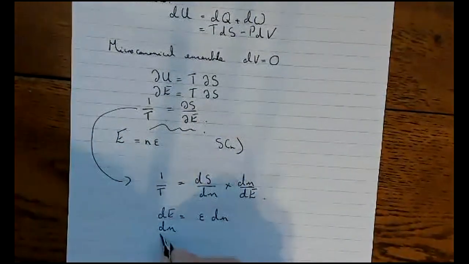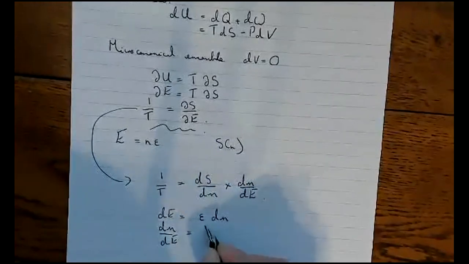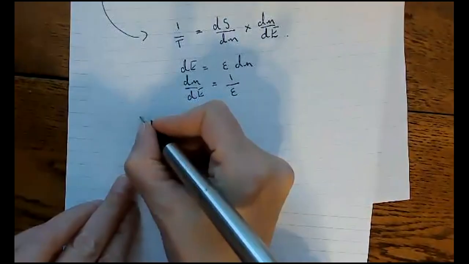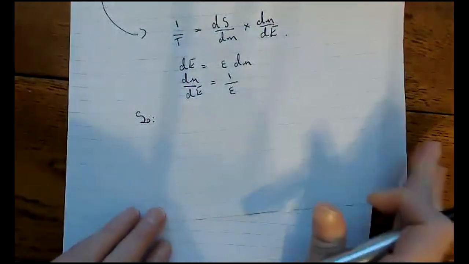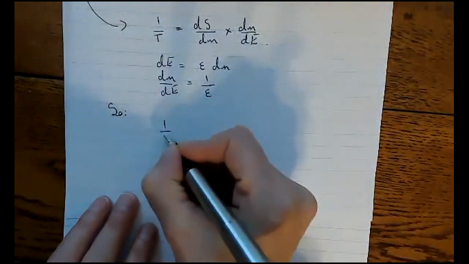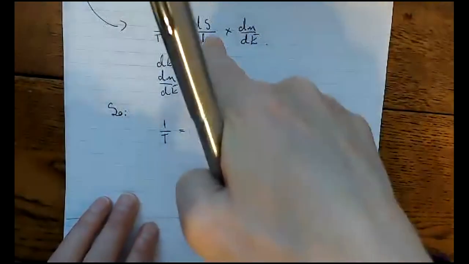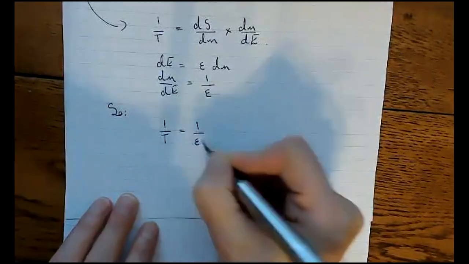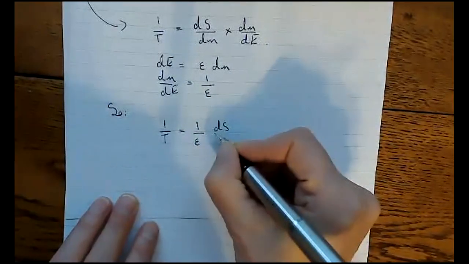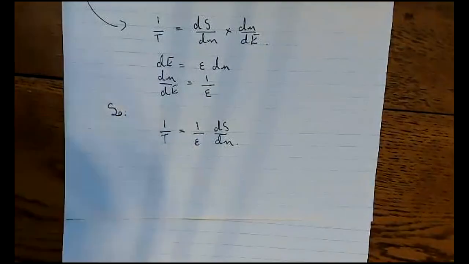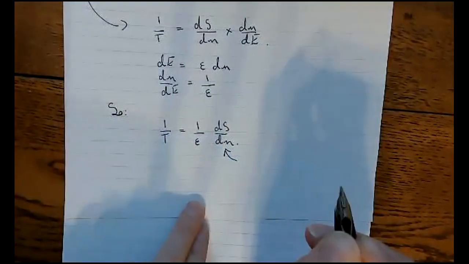So we know that dn by dE is 1 over epsilon. So we can then say that 1 over T is equal to 1 over epsilon times dS by dn. Okay, so now all we need to do is evaluate dS by dn.